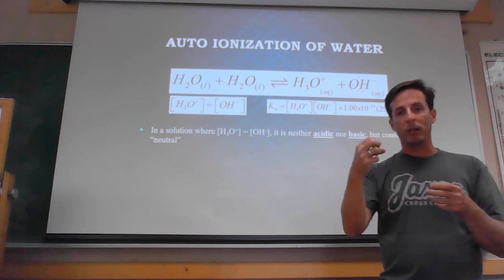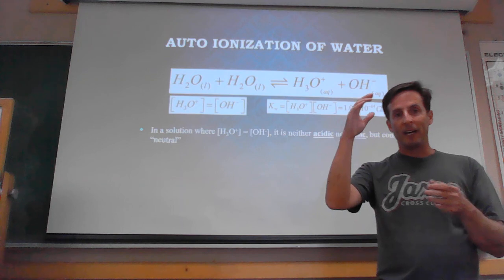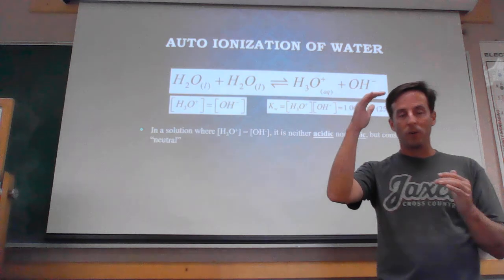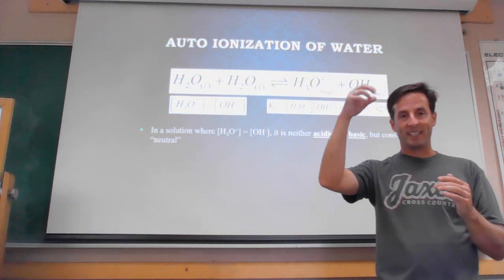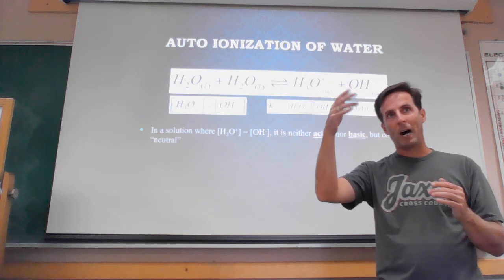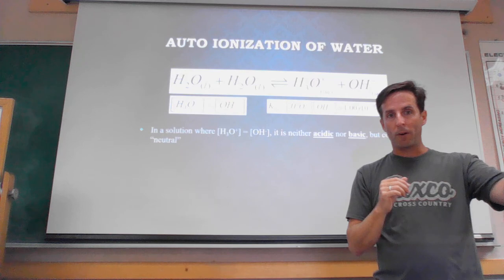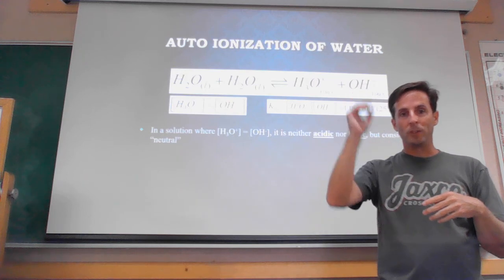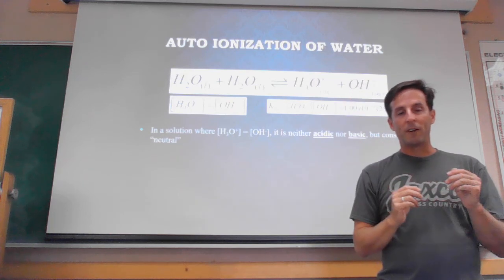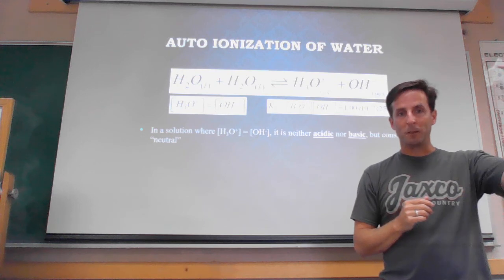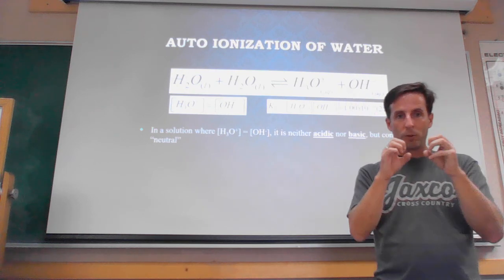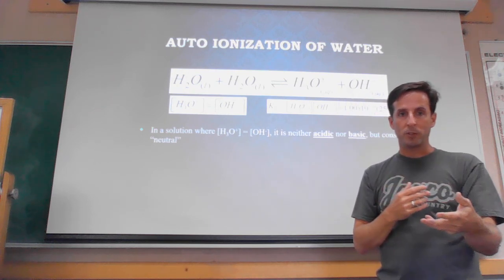If the H3O concentration is high and the hydroxide concentration is low, H3O is the acidic ion in water. Hydroxide is the basic ion in water. So if I have a lot of H3Os, the solution is going to be acidic. If I have a lot of hydroxides, the solution is going to be basic. And if they're equal to each other, then that's going to be a neutral solution.